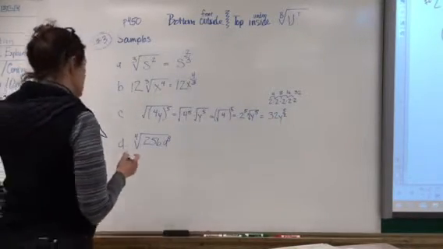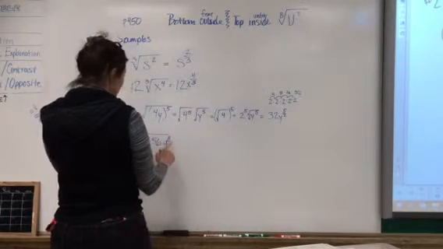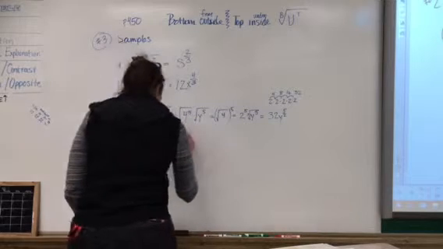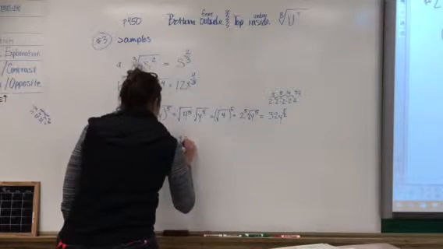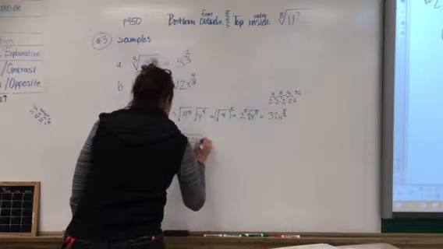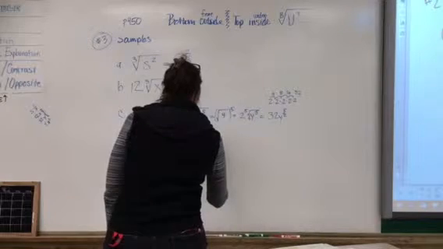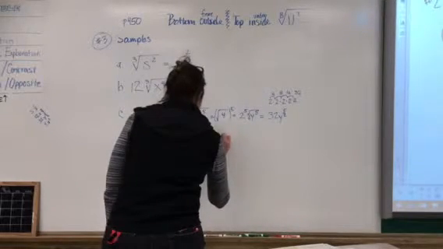All right, let's do this one then. 256 a to the 8th. So you can break that down. 4th radical of 256, and then your 4th radical of a to the 8th.